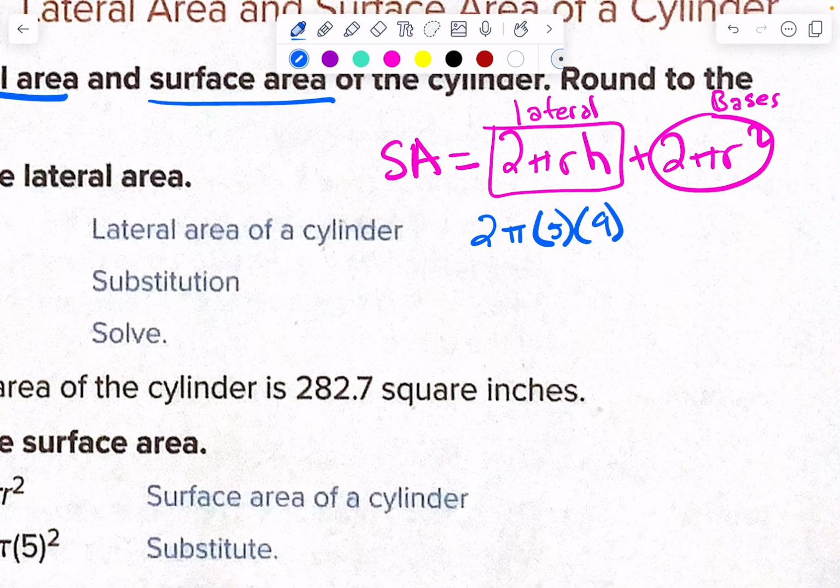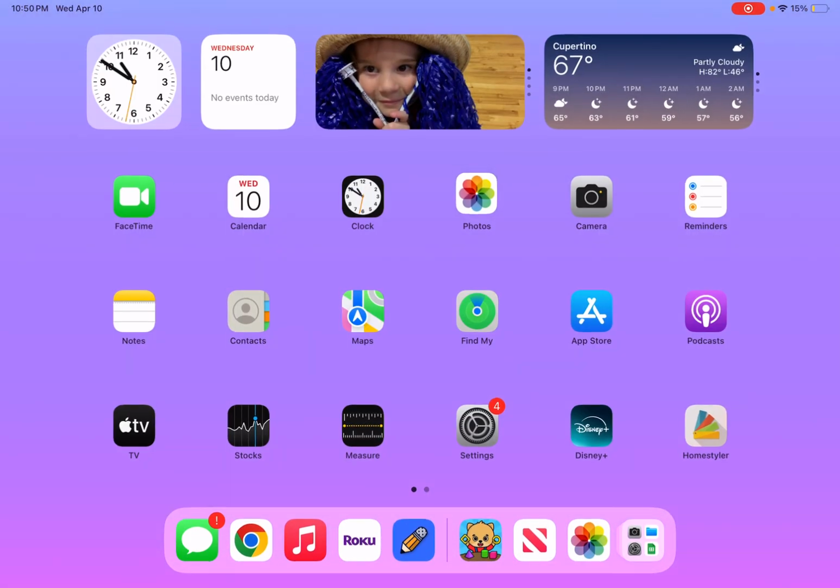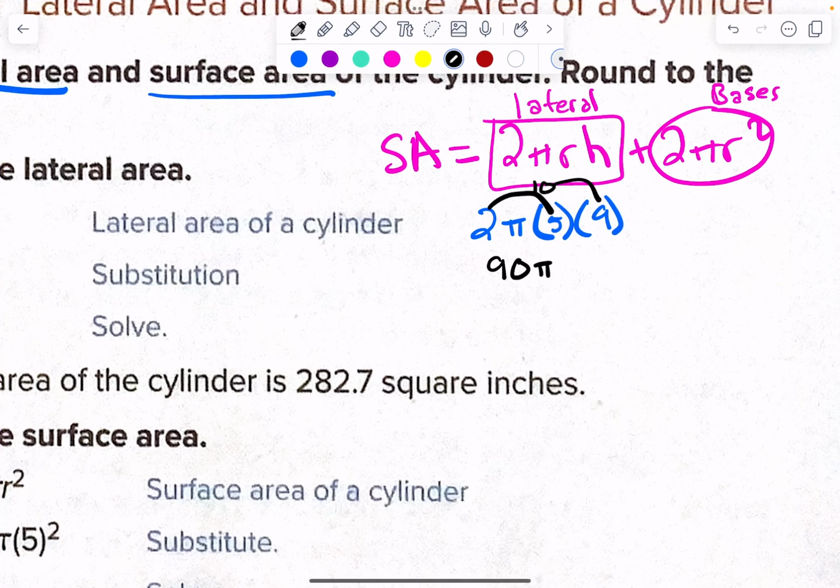I can do some of this in my head, maybe. 2 times 5 is 10, and 10 times 9 is 90. So all I have to do is take 90 times pi. I've got to get a calculator out here. Let's go back. 90 times pi.